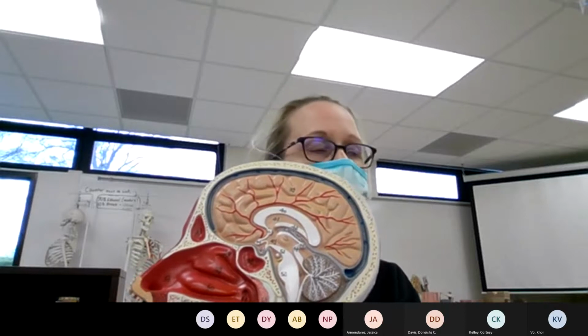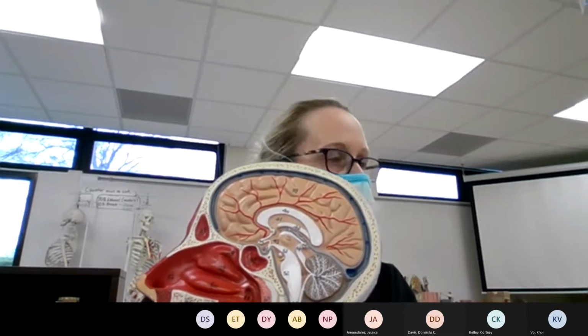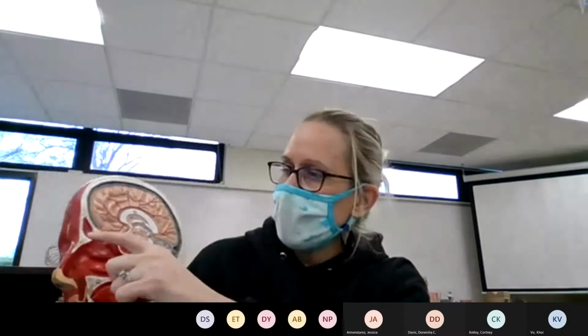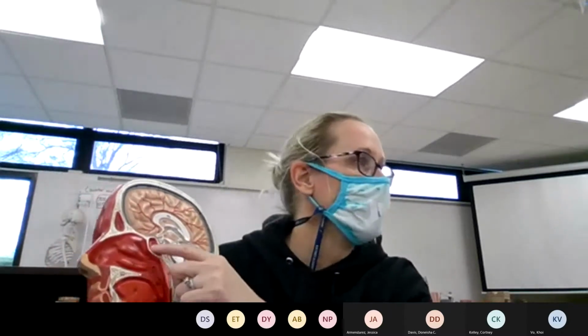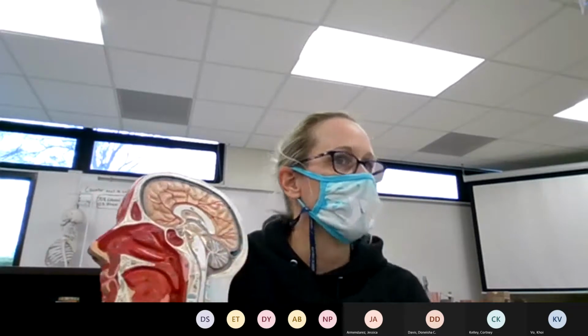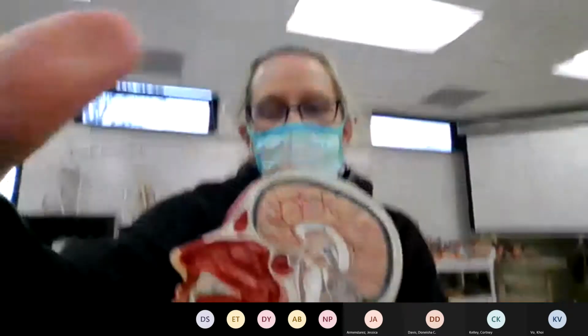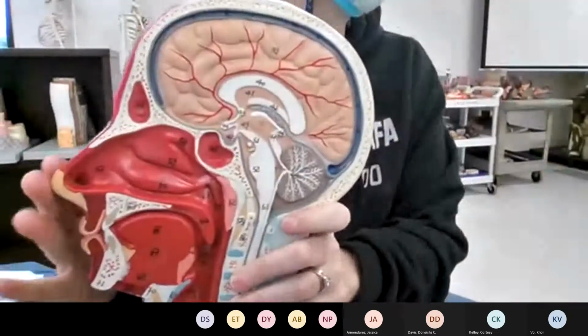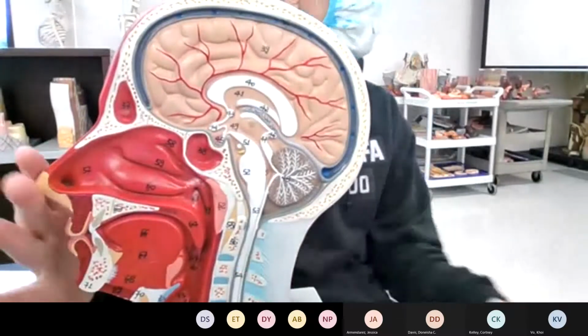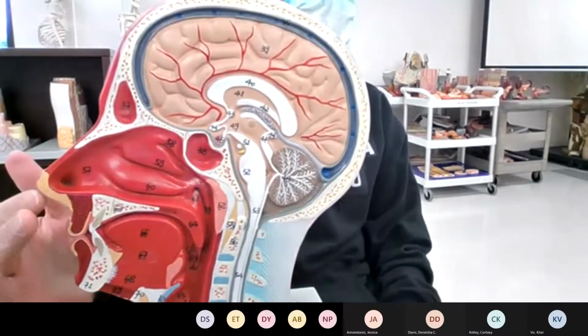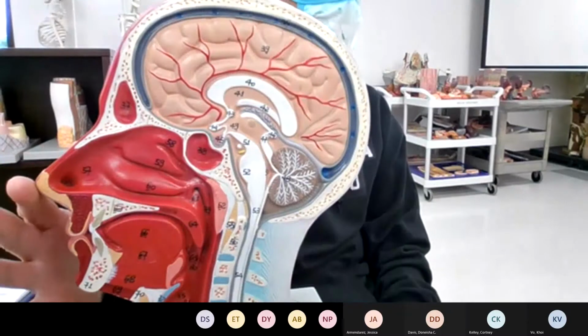Cribriform plate of the ethmoid bone, a little bit of the frontal bone with the frontal sinus, and maybe even a little bit of the sphenoid bone with the sphenoid sinus. What's your anterior landmarks of the nose? The nares, external nares, okay.